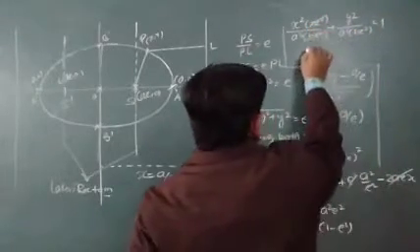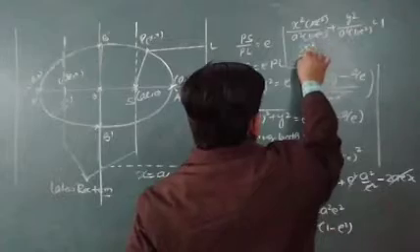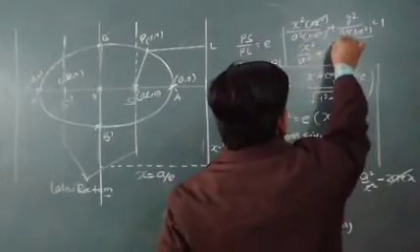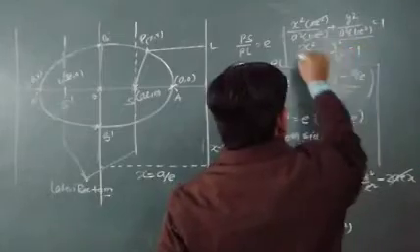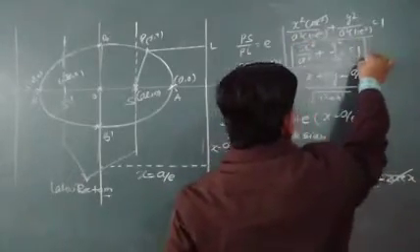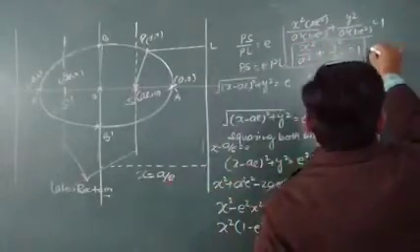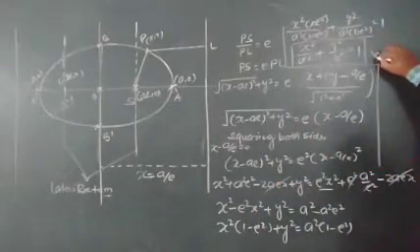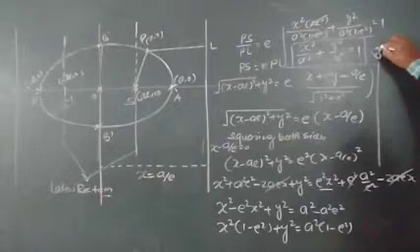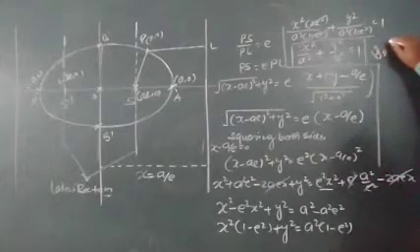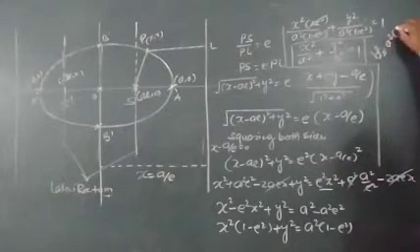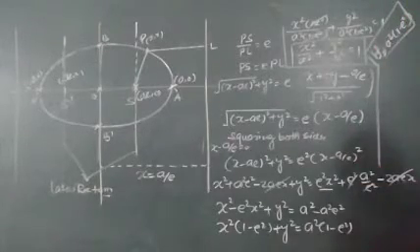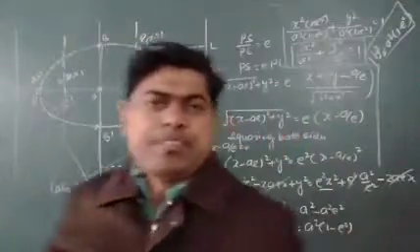We can write the first denominator as a², and this one will be assumed as b². So x²/a² + y²/b² = 1. This is the standard form of the ellipse, where you should always keep in mind that b² = a²(1 - e²). This is the formula to find the eccentricity.